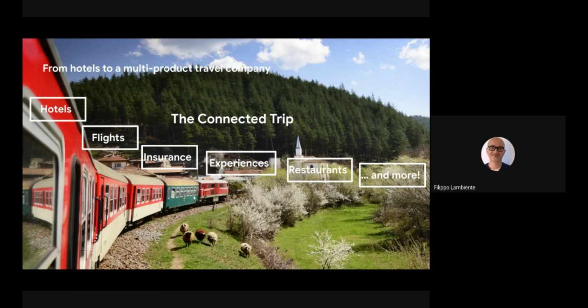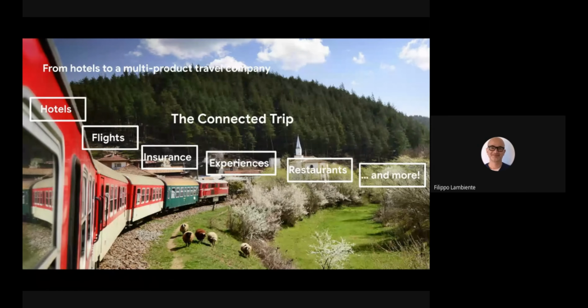One example of a connected enterprise that reshaped its core business is a very popular company that used to sell books and hotel rooms, but now, thanks to APIs, is able to increase its offering: not only the hotel, but also suggesting the flight, providing insurance products together with the trips, and additional experiences like a restaurant or other activities.